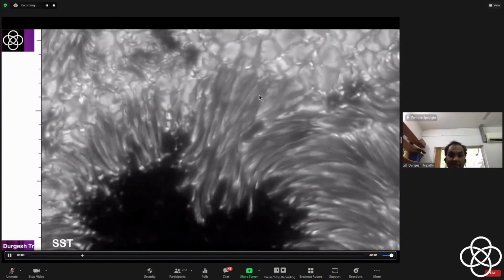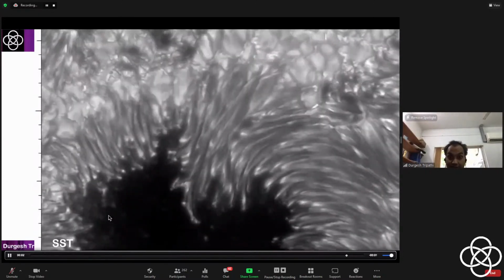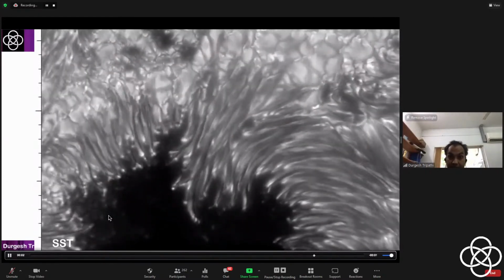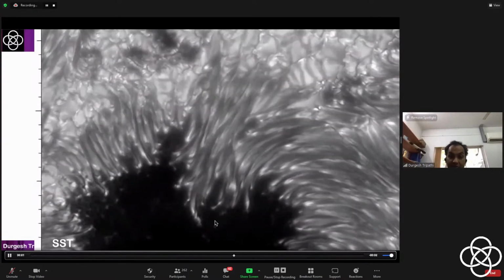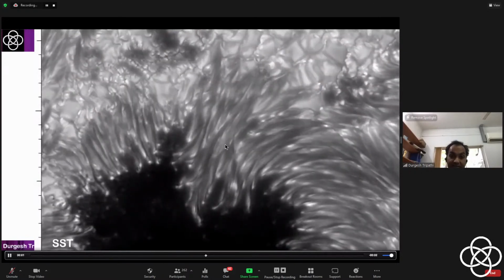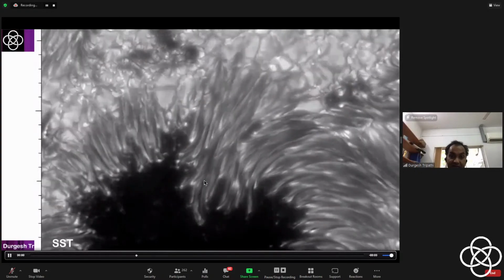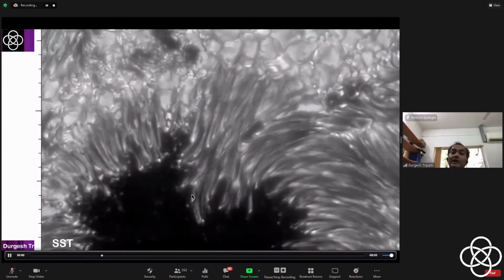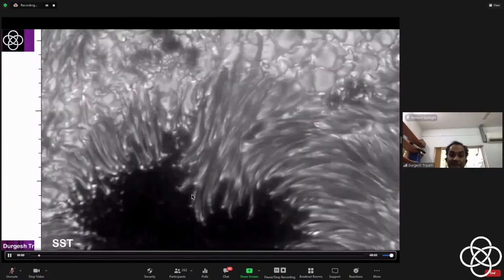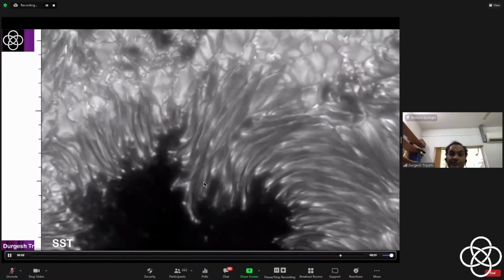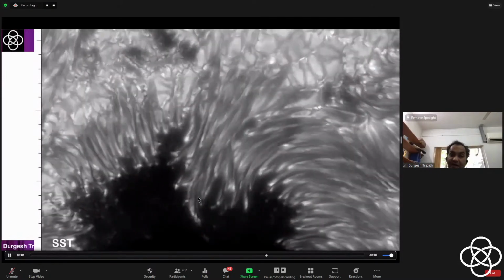If you look at this, again a very high resolution observation, granules outside, and what else I wanted to point out? If you see this clearly, you also see that these features are moving inside the sunspot. And if you do a Doppler imaging of this, looking at the line shift, you find that these features are not going inside the sunspot, but rather going out.